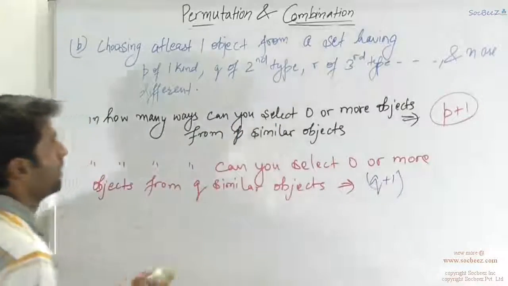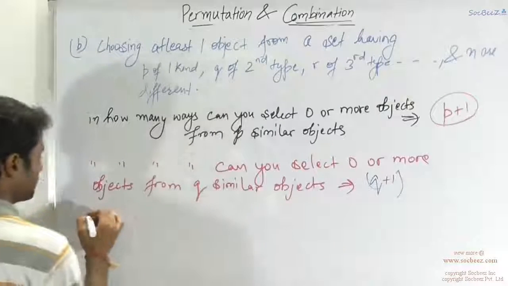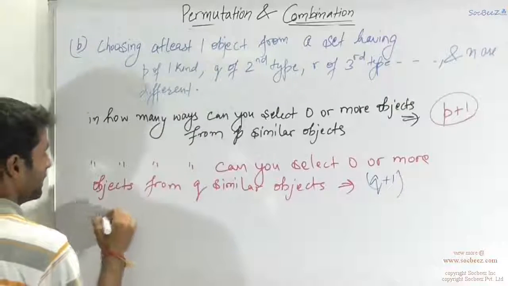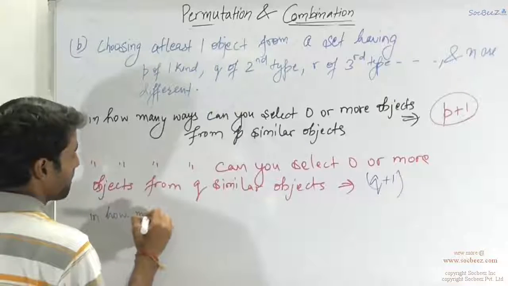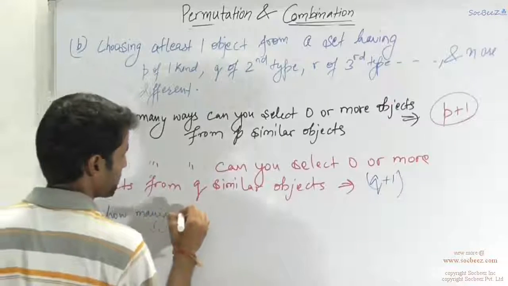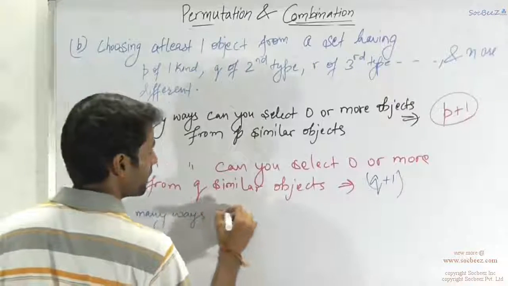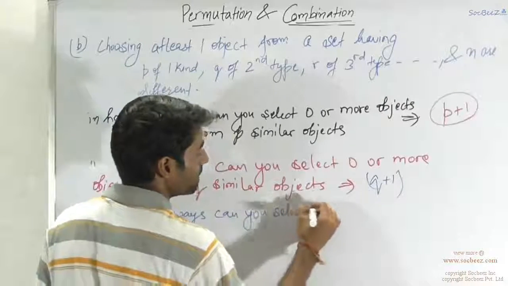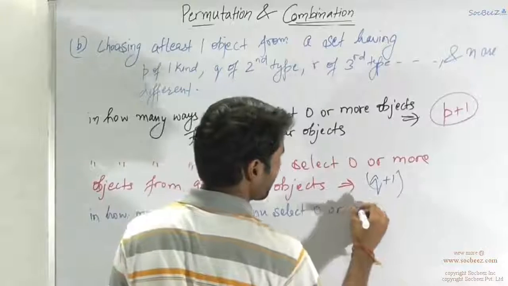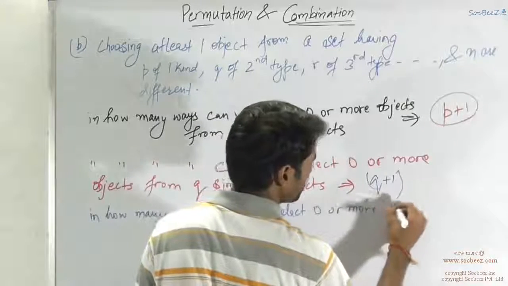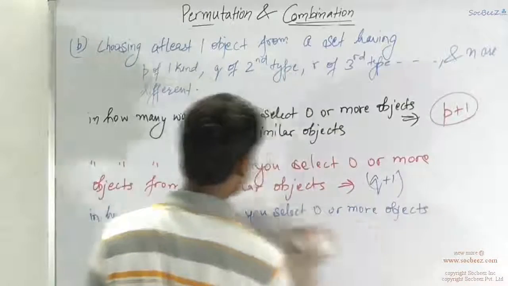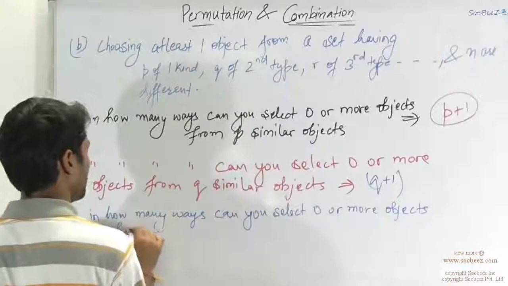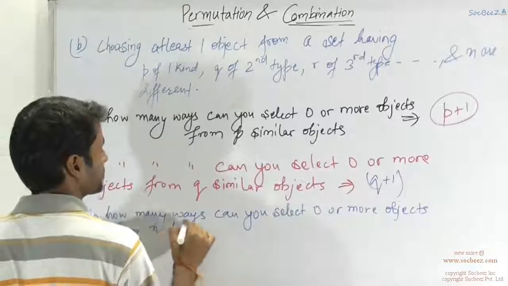And the last part would be, in how many ways can you select 0 or more objects from n different objects.